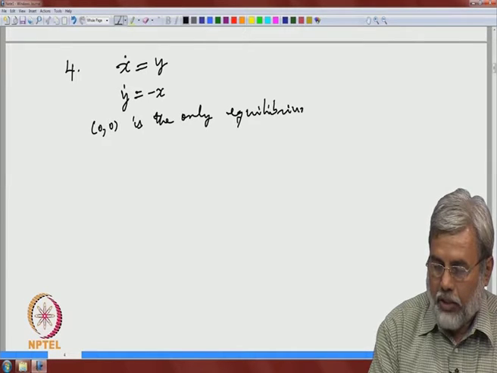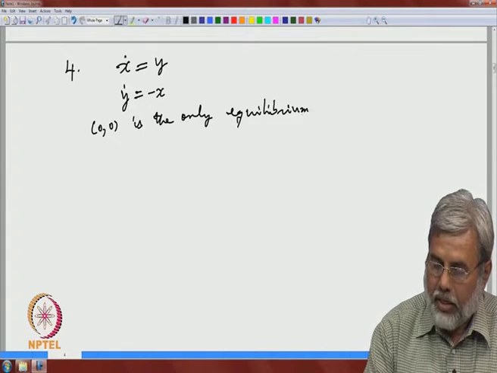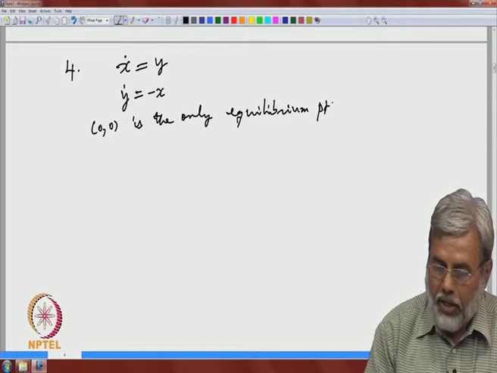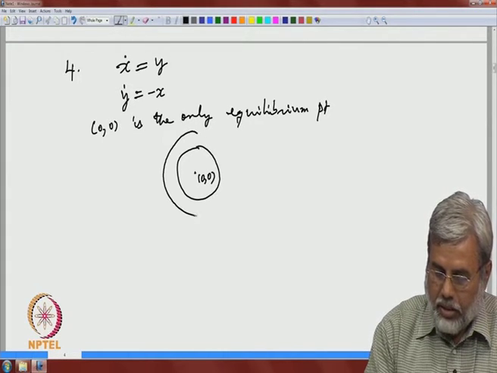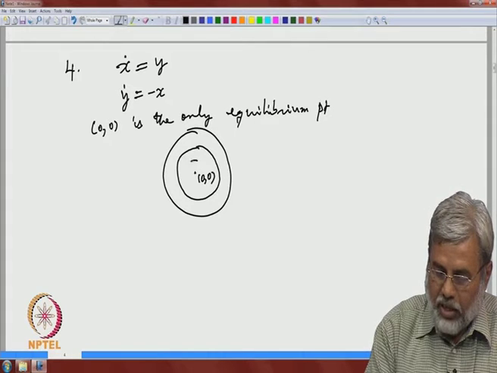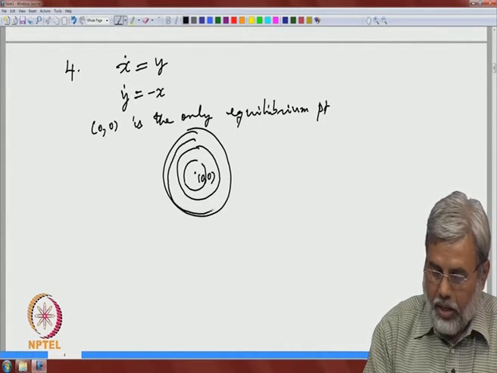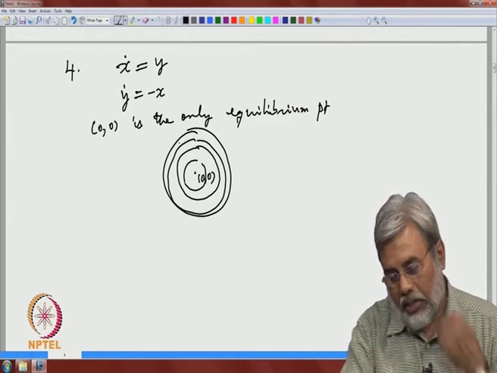So, it is isolated naturally, and all our orbits, so this is 0 0, are circles. If I start an orbit, they are all concentric circles.